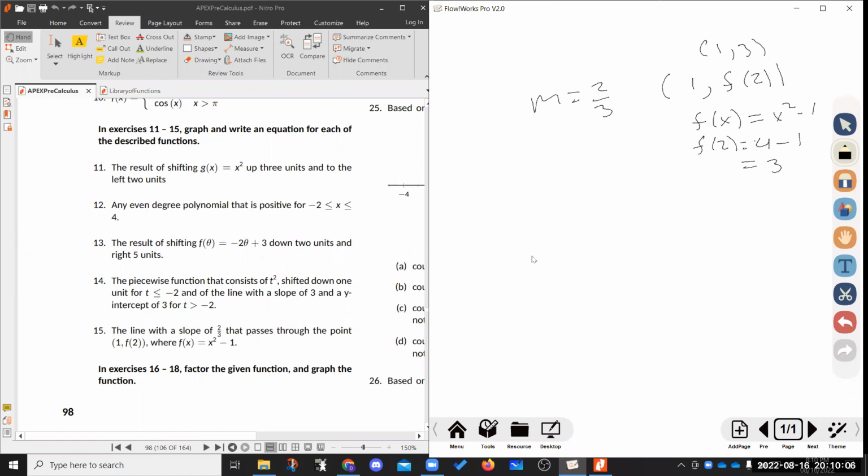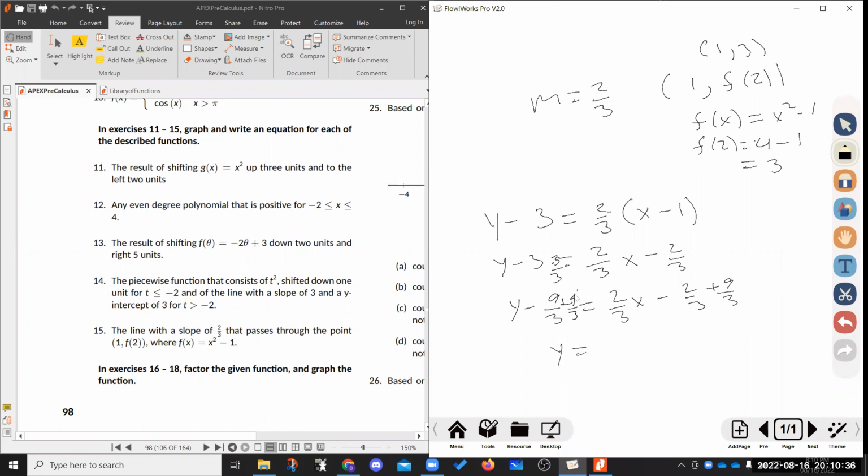So we have a point and we have the slope. y minus 3 is equal to m times the quantity x minus 1. y minus 3 is equal to 2/3 x minus 2/3. Let's change these to thirds. y minus 9/3 is equal to 2/3 x minus 2/3. We're going to add 9/3 to both sides. y is equal to 2/3 x plus 7/3.